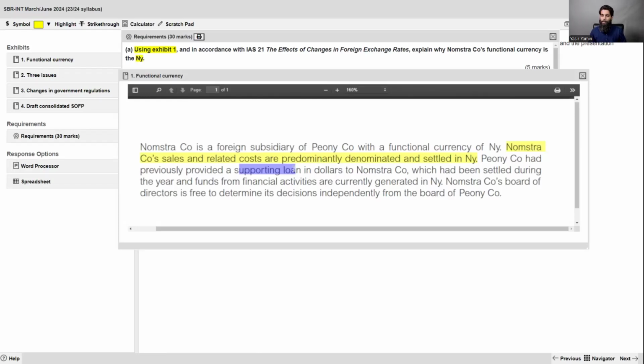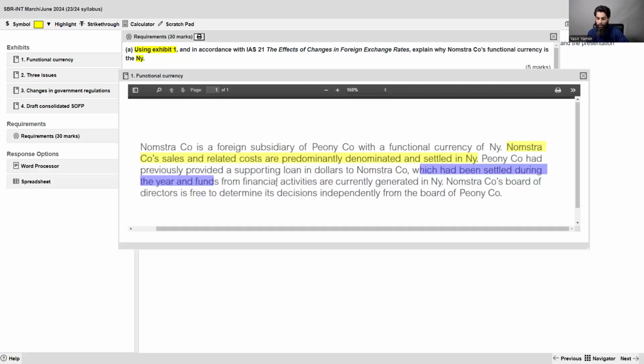Doesn't that seem that the overseas entity relies on the parent company whose functional currency is the dollar? At first, it would seem like this. But it says that the loan had been settled during the year and funds from financial activities are currently generated in NI. So there is a mix.